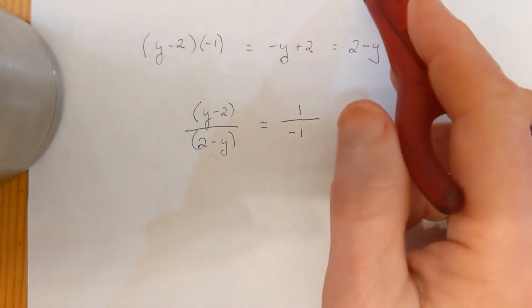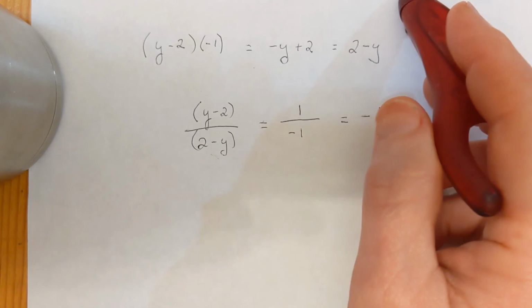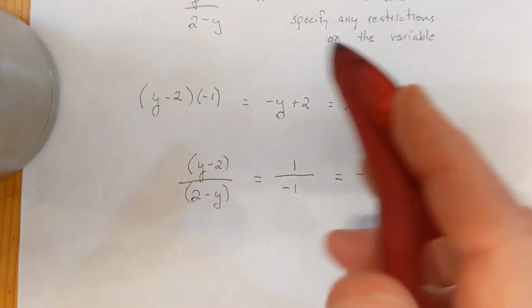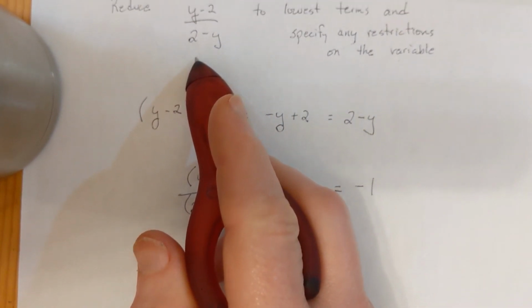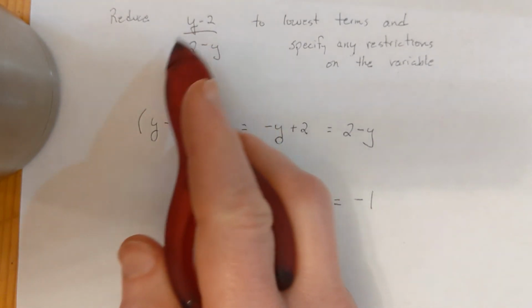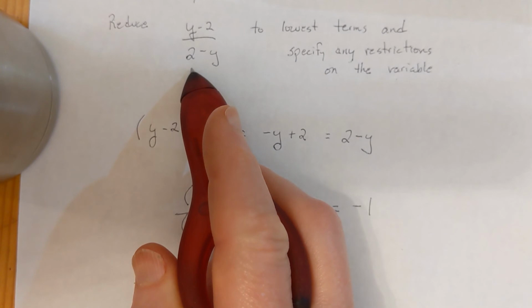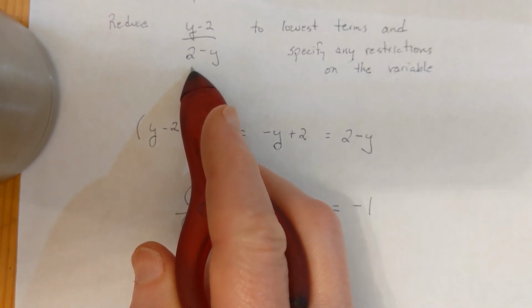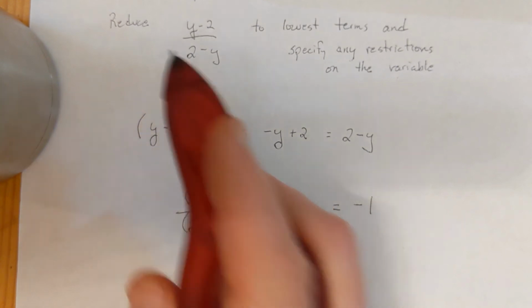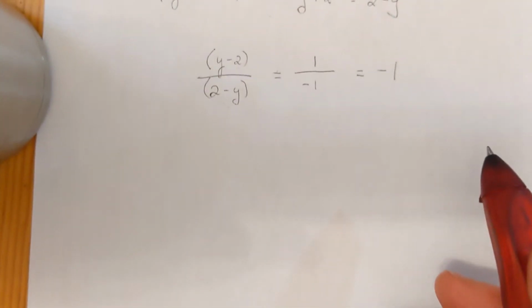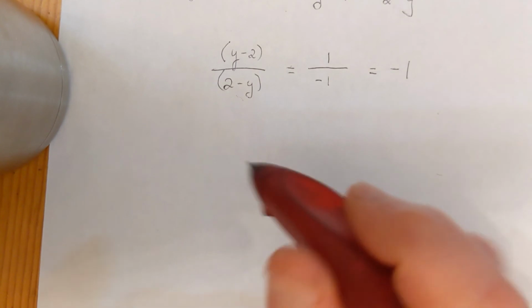They also specify any restrictions on the variable. That means, is there something I cannot divide by in my original expression? I can't have y be something that makes me divide by 0, because when I divide by 0, of course, math does not work.